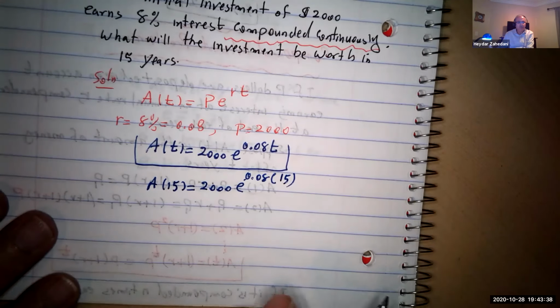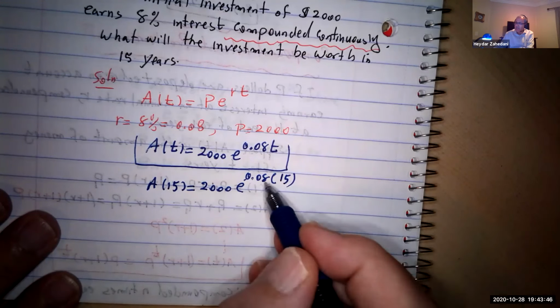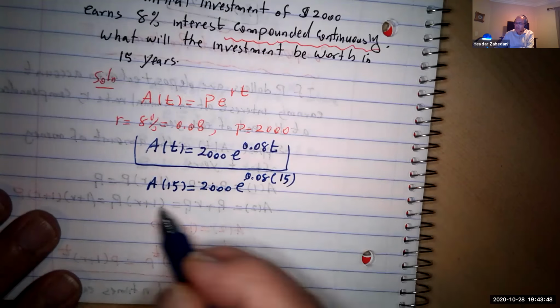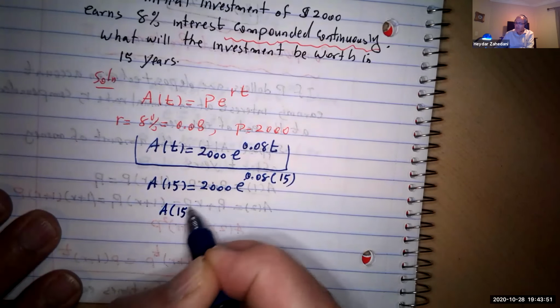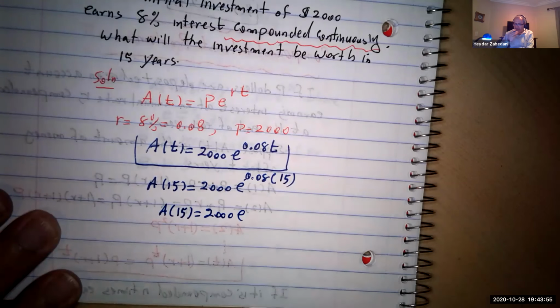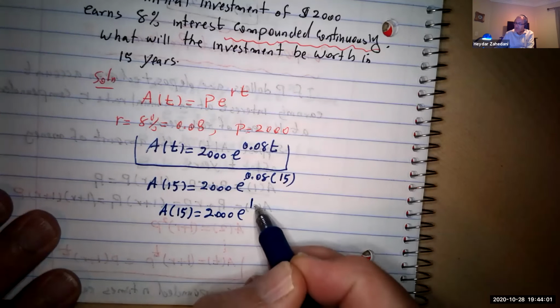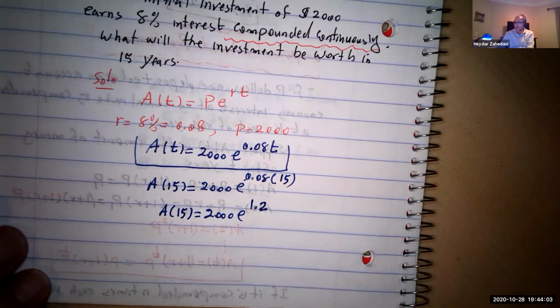This is where you have to use your calculator to get this number. 15 times 8 would be 120, so it's 2000 e to the 1.2.